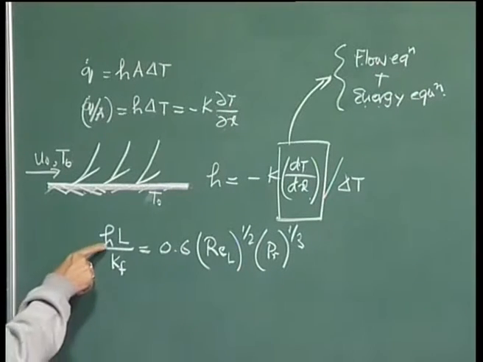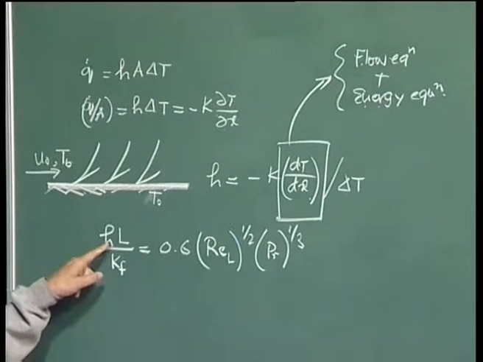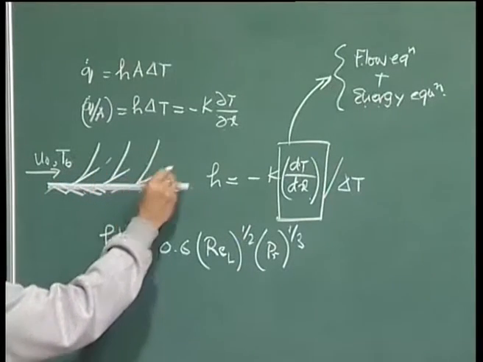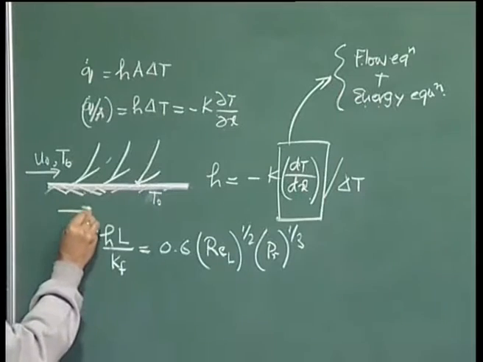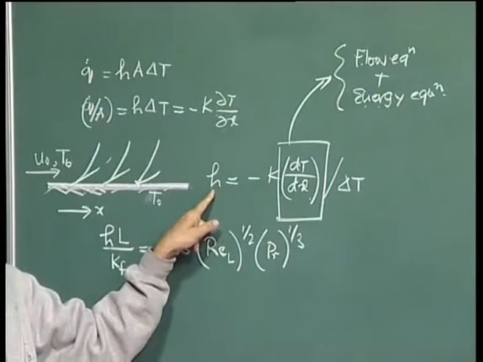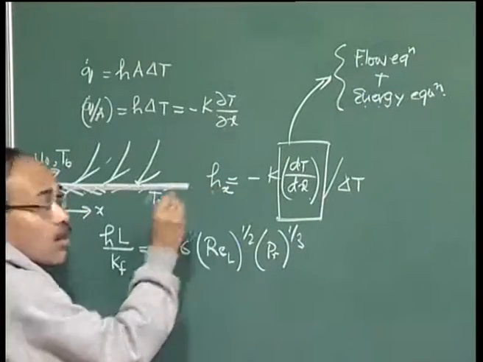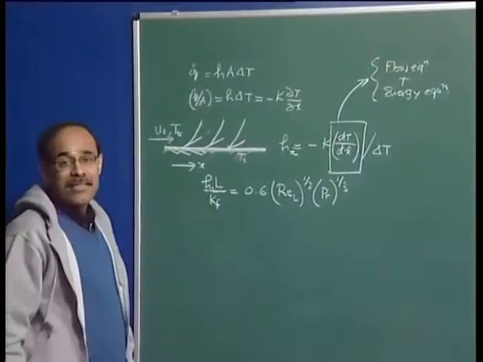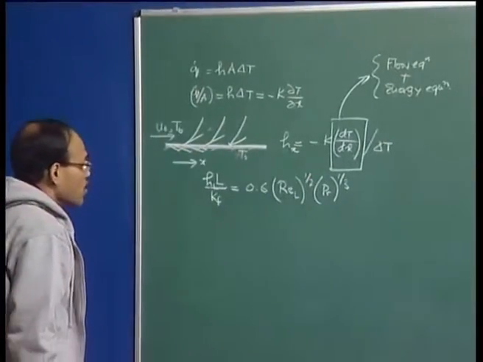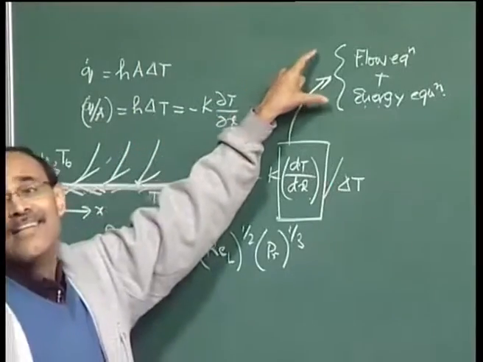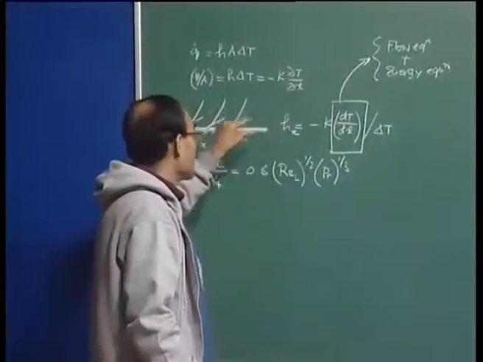So, this is the heat transfer coefficient, this is the plate average heat transfer coefficient, because the slope of the line varies at every location. It is a function of x, if this is the x direction, and the slope varies at every location, which means that the value of H also varies. So, this is called the local heat transfer coefficient, and this H is called the plate average heat transfer coefficient.